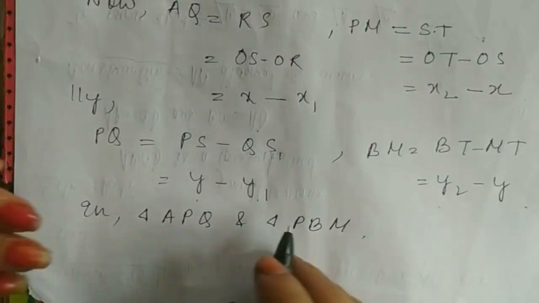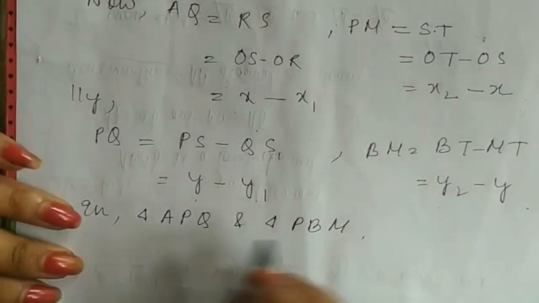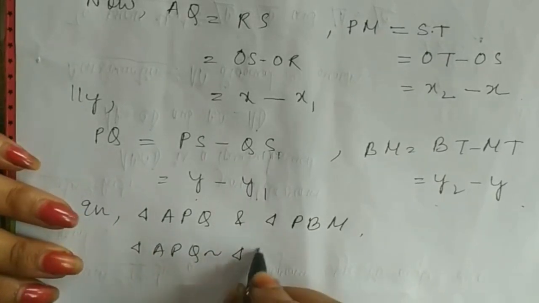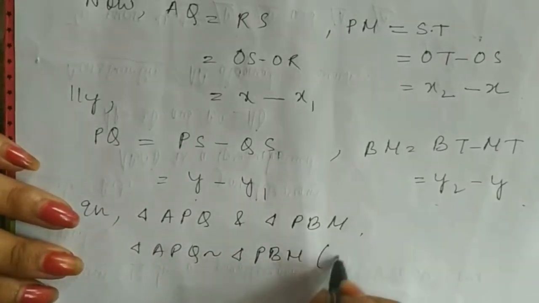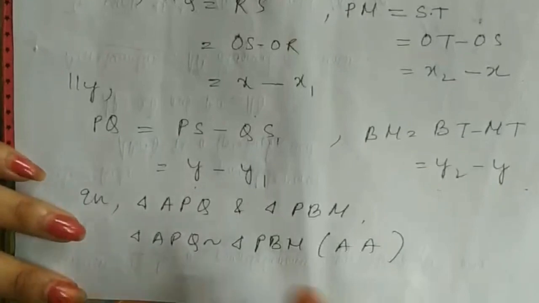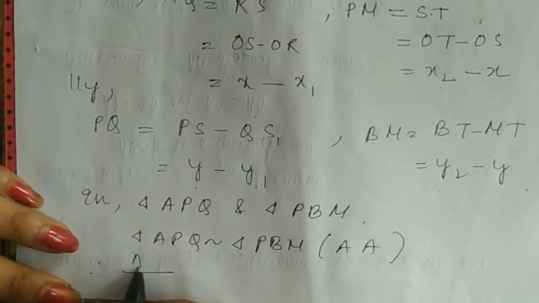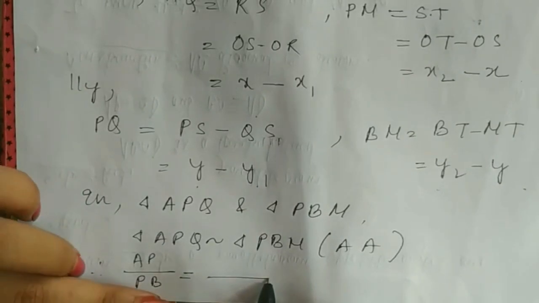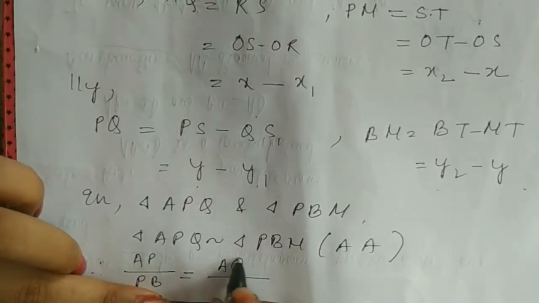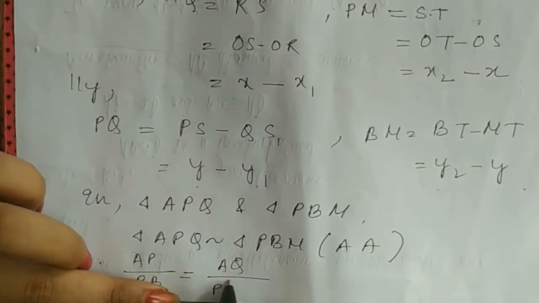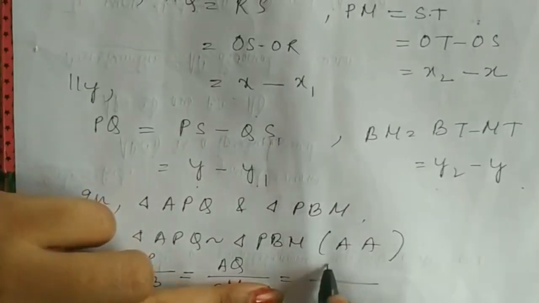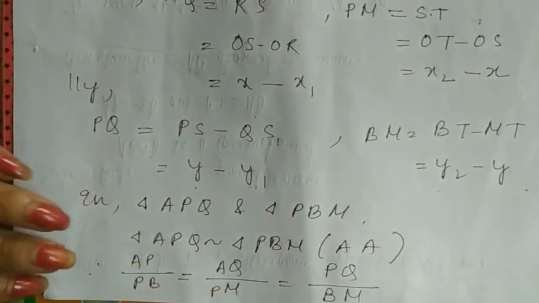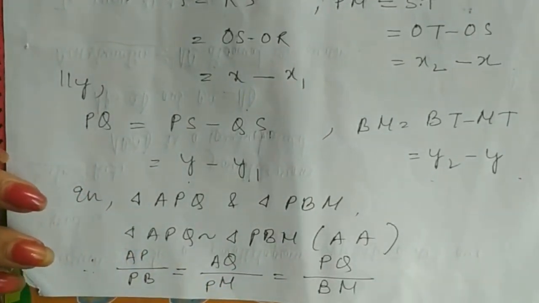Triangle APQ is similar to triangle BPM by the angle criteria, therefore AP by PB equals AQ by PM equals PQ by BM. The corresponding sides are also in the same ratio.